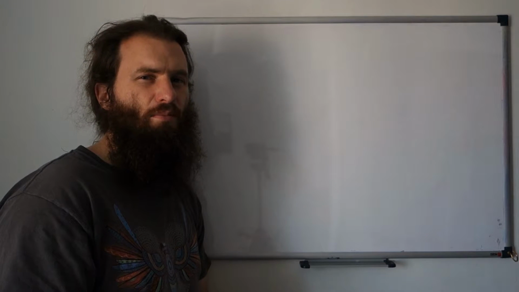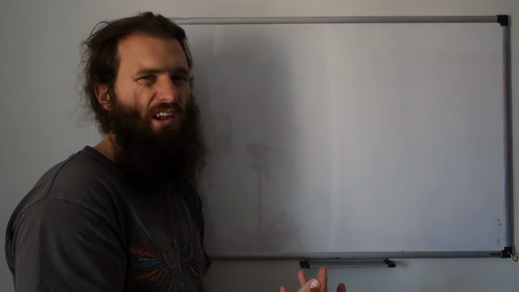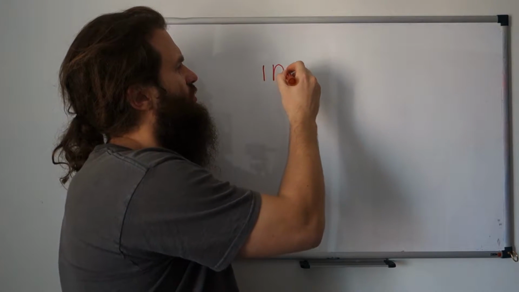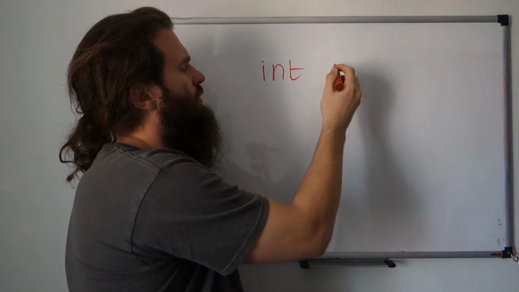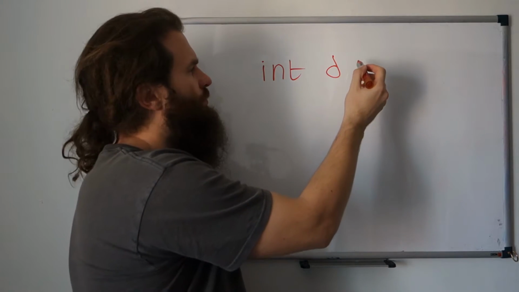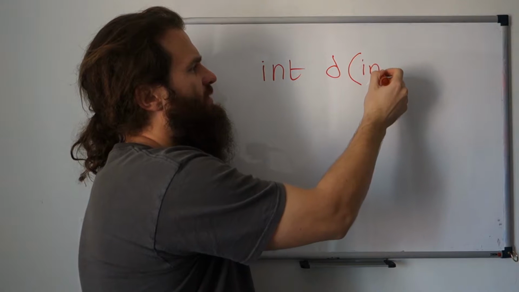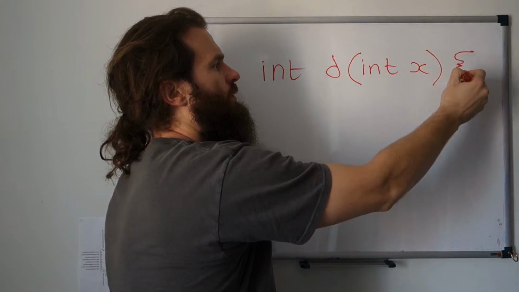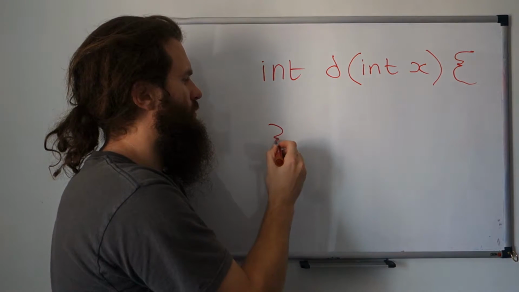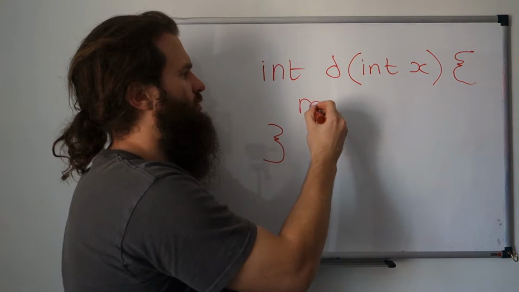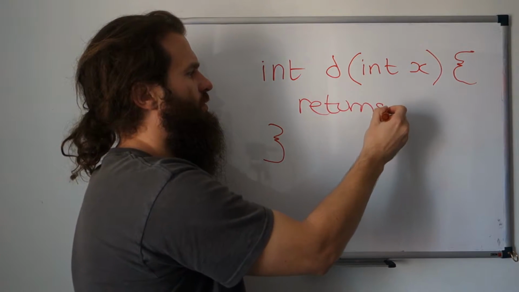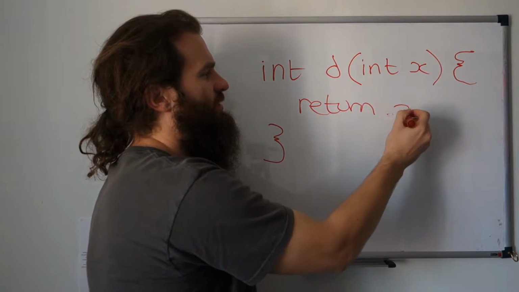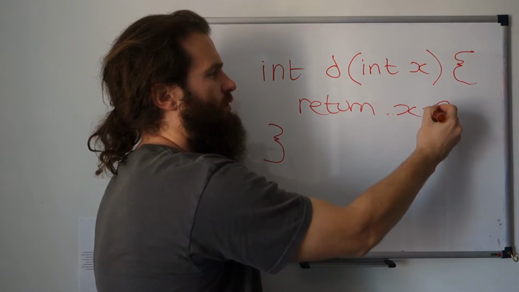Let me give you an example of a function because I think it will become very clear once you see what it looks like. So here is a function called d, which takes an integer argument called x and it returns x times 2.